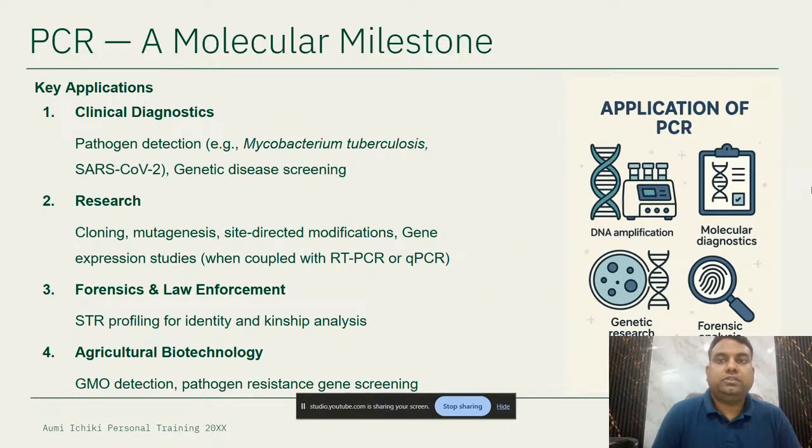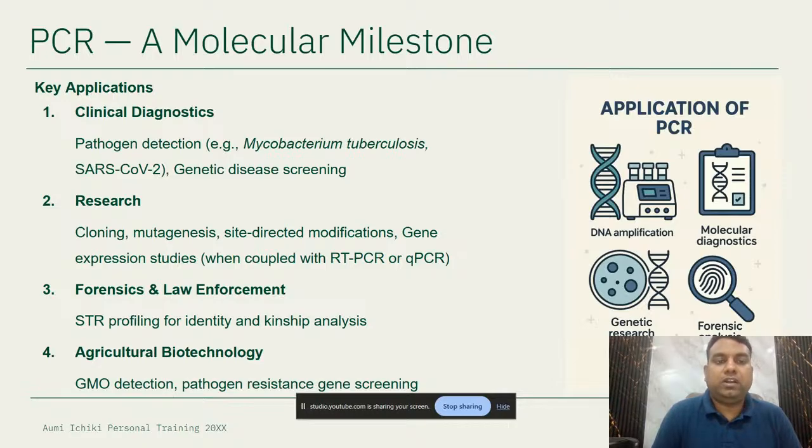What are the uses of PCR? As we all went through COVID, we became very familiar that PCR is used for pathogen detection, especially SARS-CoV-2. Apart from that, it helps in many other pathogen detections. In research, it helps with cloning, mutagenesis analysis, site-directed modifications, and gene expression analysis.